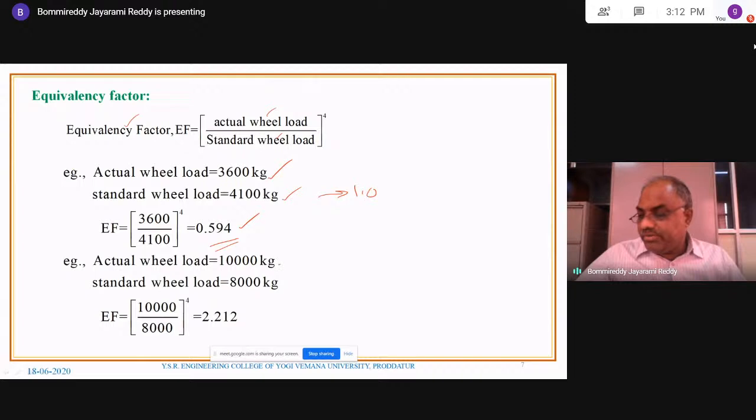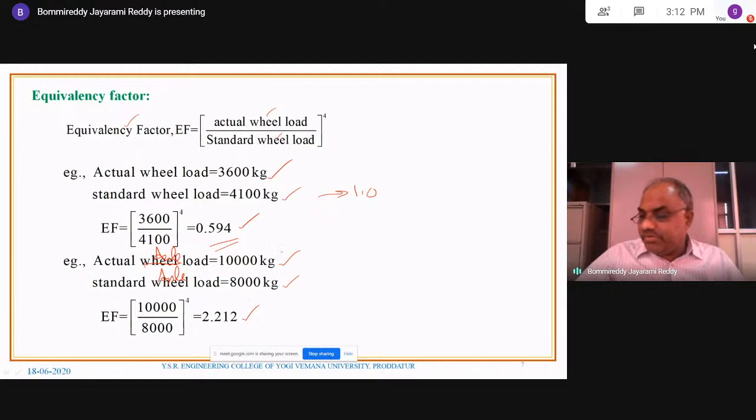Similarly, if the load is more, let us assume that it is axle load, not wheel load. Actual axle load 10,000 kg and standard axle load 8,000 kg, and accordingly it will be 2.212.